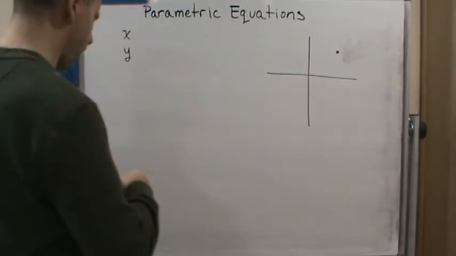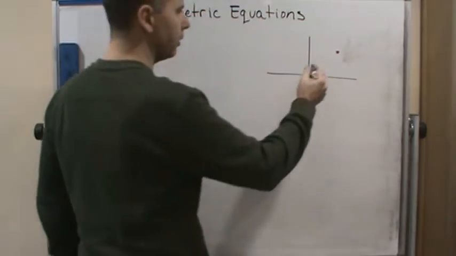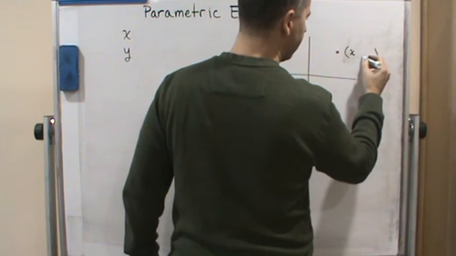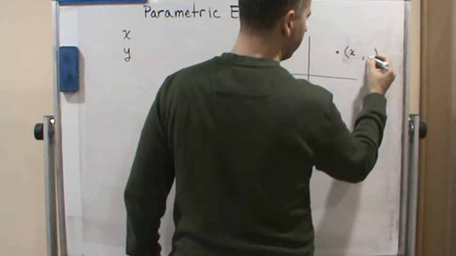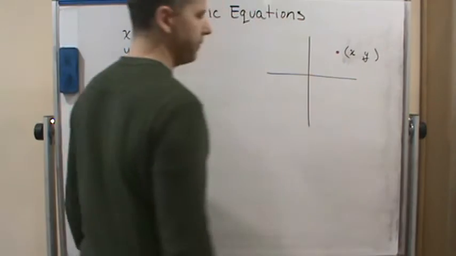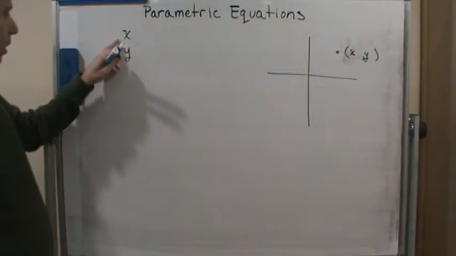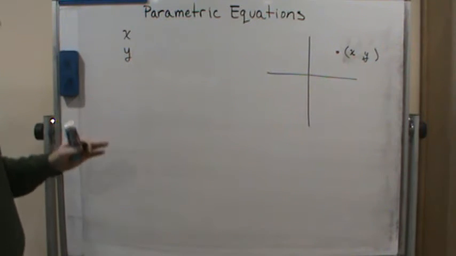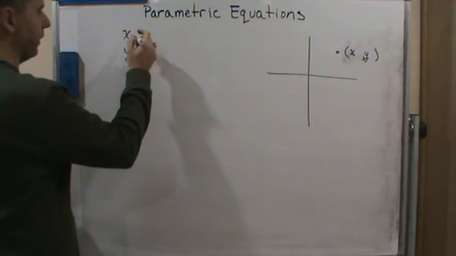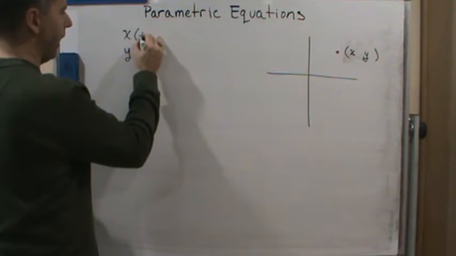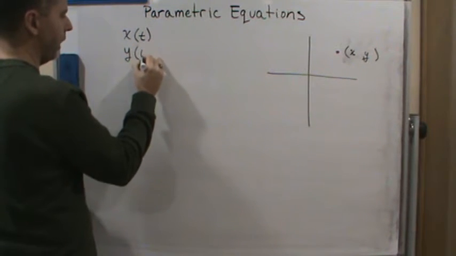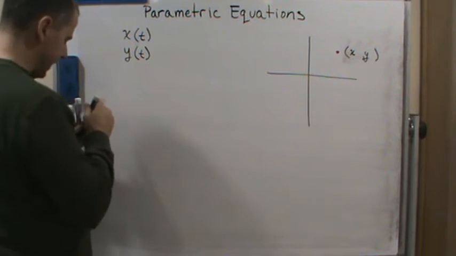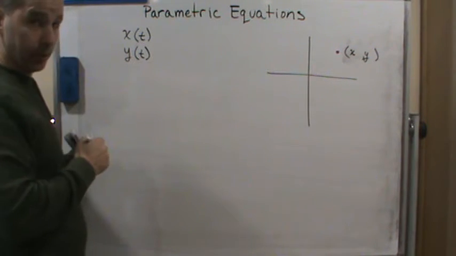So when we know that a particle is moving, then instead of just having x and y, instead of representing the position as an xy coordinate, we now know that x and y are both a function of a third variable, t in this case, where t is called the parameter.